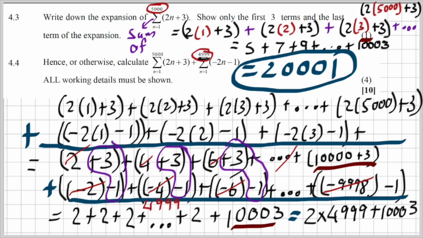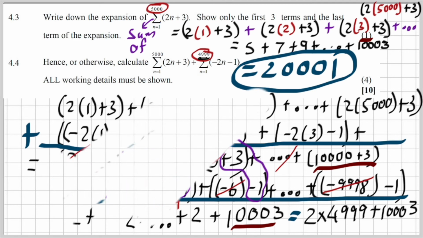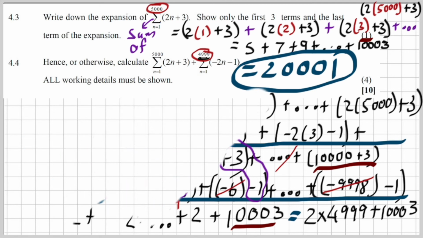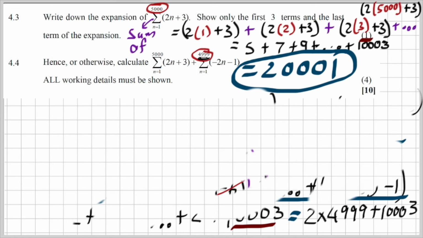They love to ask it. Could I have gone straight off and substituted into a formula? Most definitely. If I just went into a formula, I would get exactly the same answer.